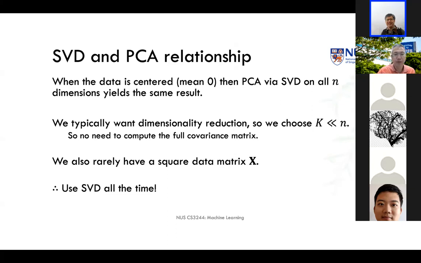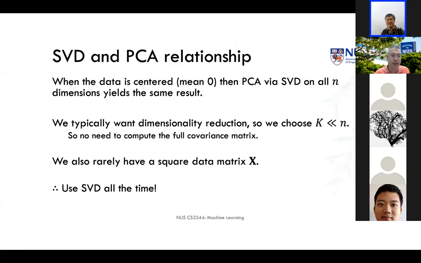So we can ask SVD just to generate a certain number of coefficients, our eigenvalues, and then stop there and use that to represent the data. It's also the case that in other forms of PCA, you might need a guarantee of a square data matrix.